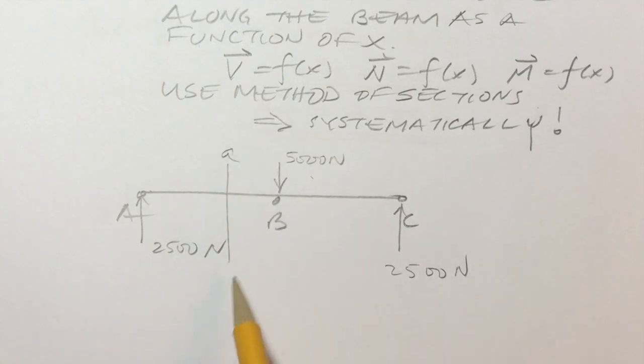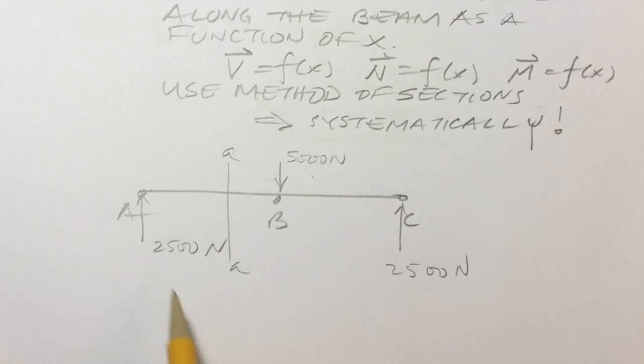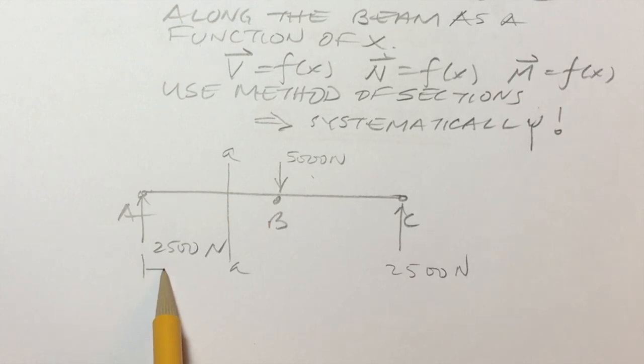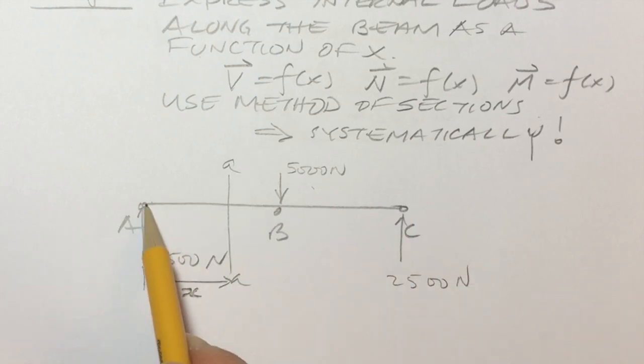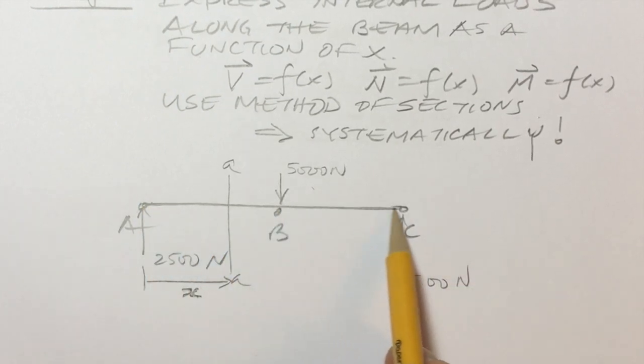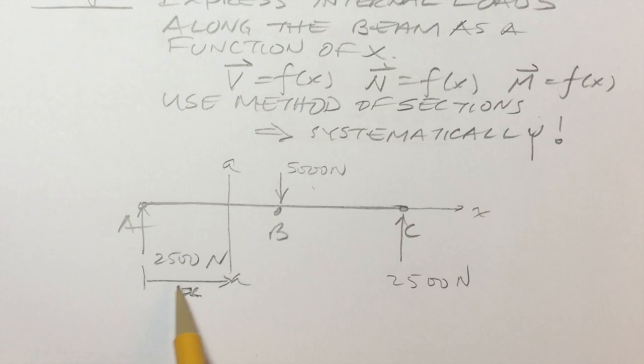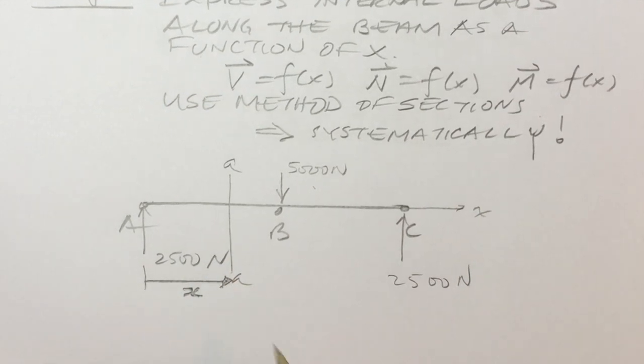So I sectioned it. Let's call this section AA. But I sectioned it by keeping in mind that it's just an arbitrary distance x. If my x-axis is defined here, then when I section it, I'm not picking a specific location. I'm going to keep it general.